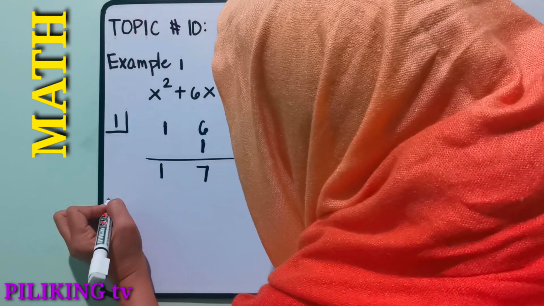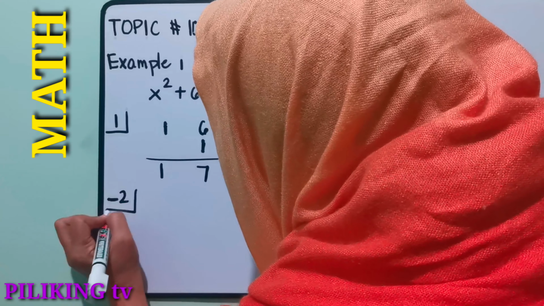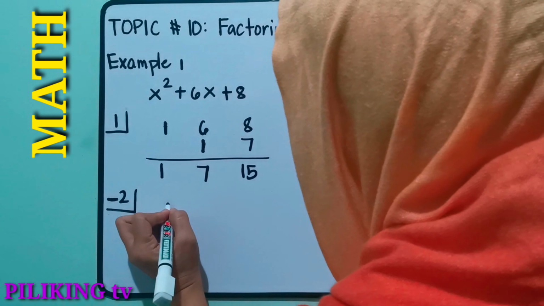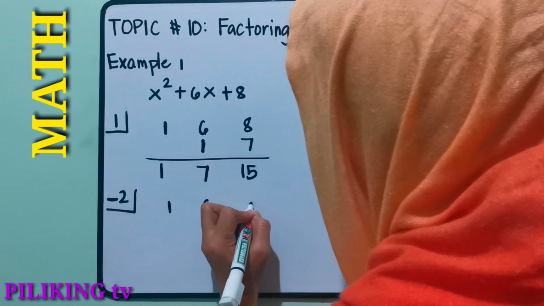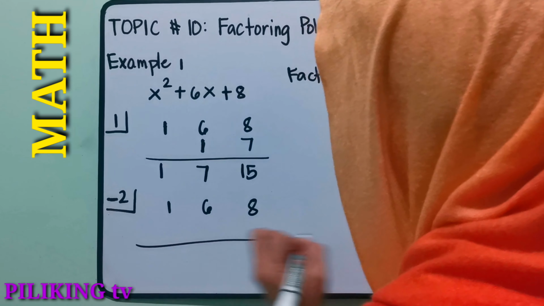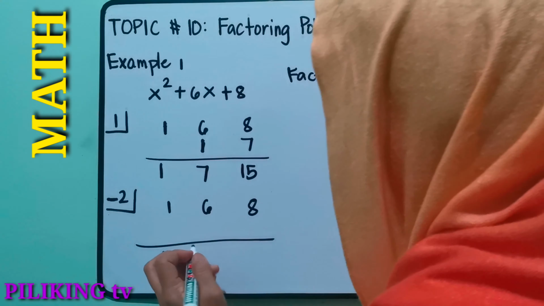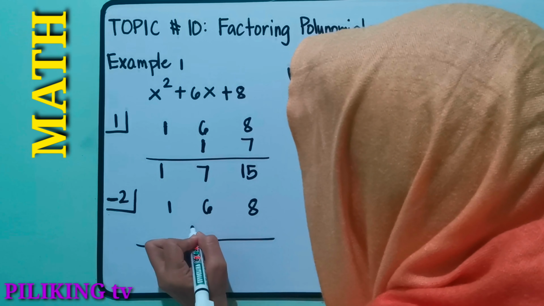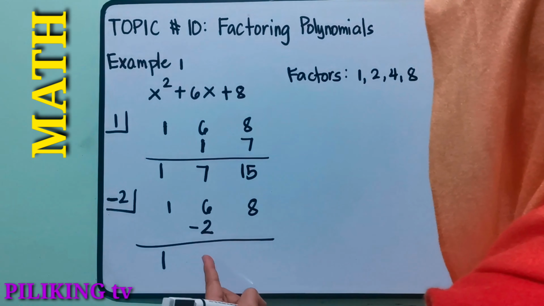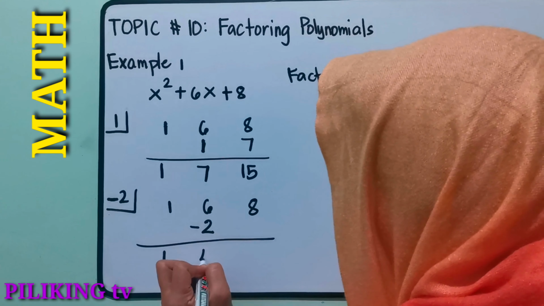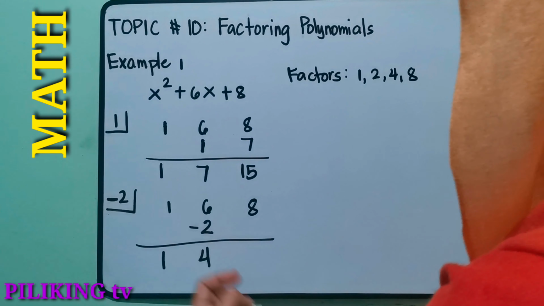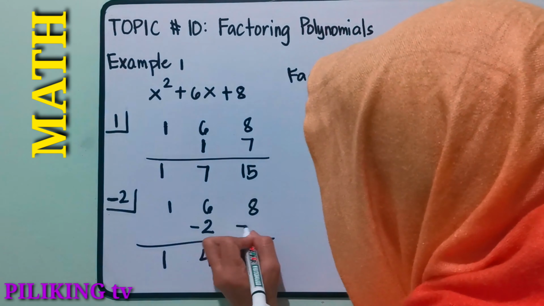Okay, so if we use negative 2 as the test 0, so bring down again, we have 1, 6, 8. Okay, so bring down 1, multiply 1 to negative 2, so that is negative 2 since you are multiplying different sign. Then you add 6 plus negative 2, that is positive 4. 4 times negative 2 is negative 8.